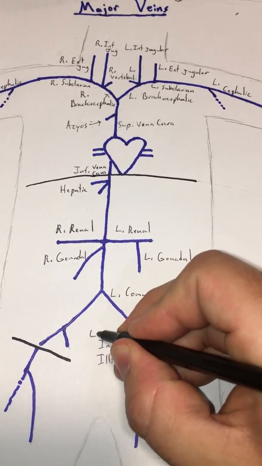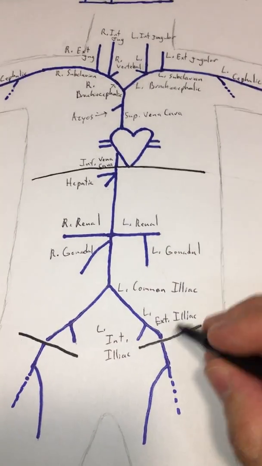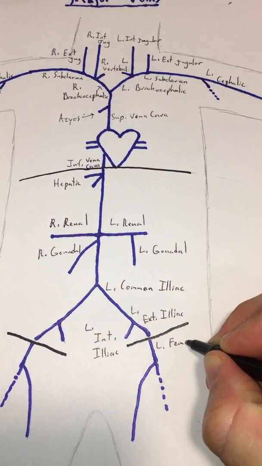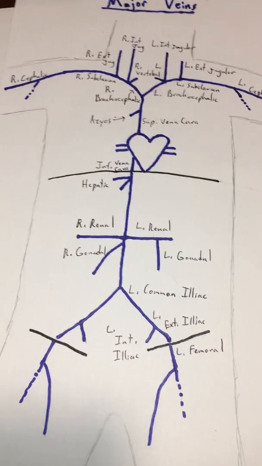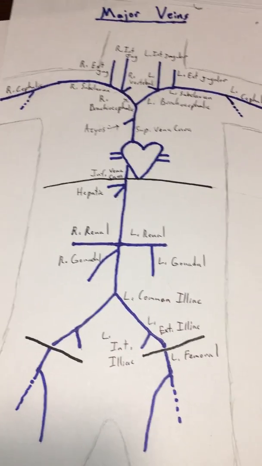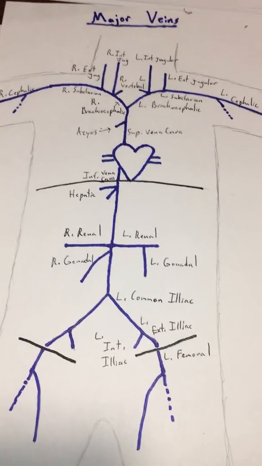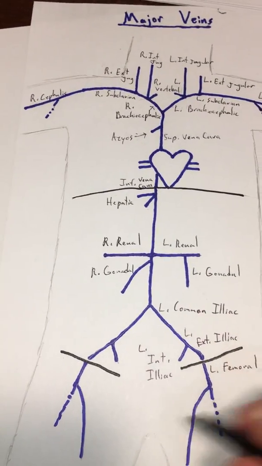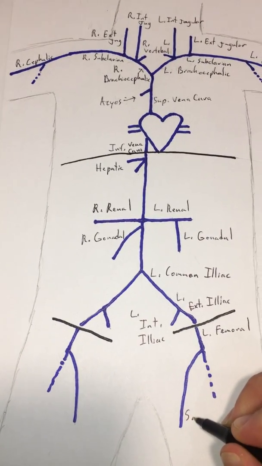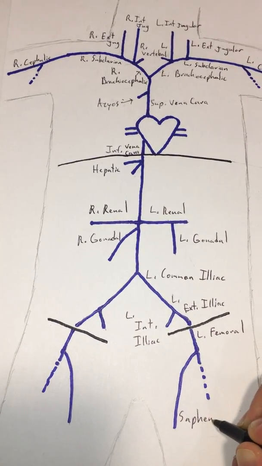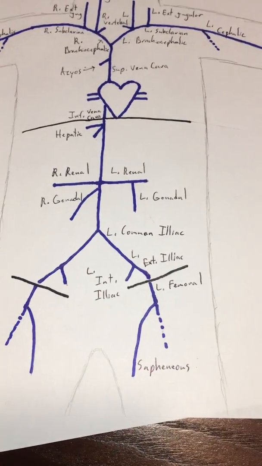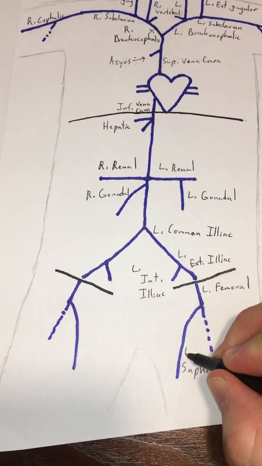Let's remember to write left. Now it's going to be the left femoral vein, just because it went through the femoral canal passing by the inguinal ligament. Then the vein that's branching out medially is going to be your saphenous vein, okay? Left.